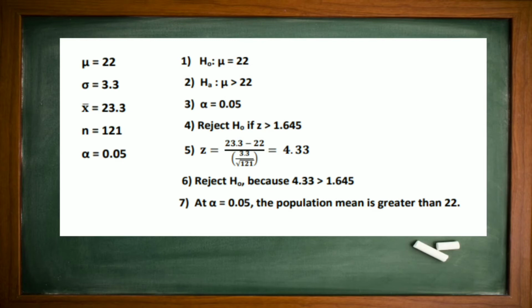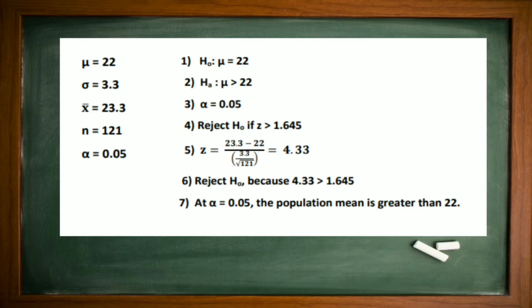So, we use greater than. HA: population mean is greater than 22. Why? Because according po sa statement, al dente suspects this claim is too low and selects a random sample of 121 two-year college students. So yan po yung ating alternative hypothesis.